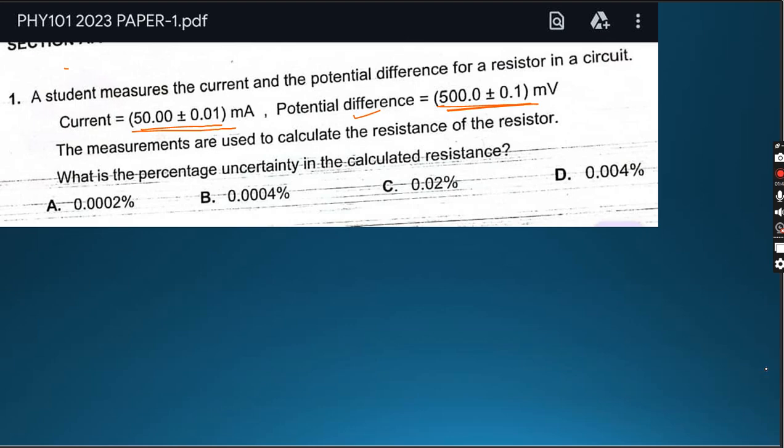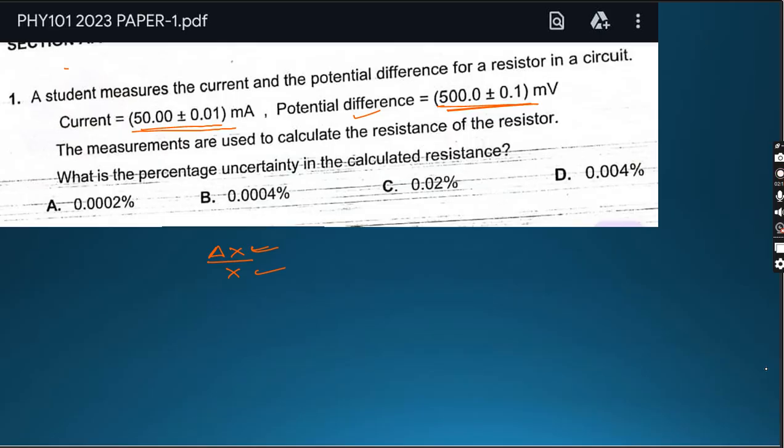We find the uncertainty in the form of delta x over x. This is the uncertainty in that unit, in any quantity we may be given. In this case it is current, so this will be the uncertainty and this will be the quantity. Uncertainty, guys, means the error we can make as we are doing measurements.